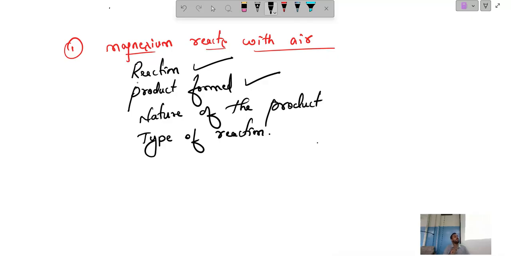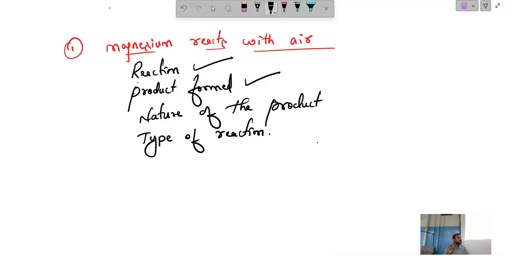What do you mean by nature of the product? Write the color of the product formed, and also in which form the product is present. It is formed in a powder form.